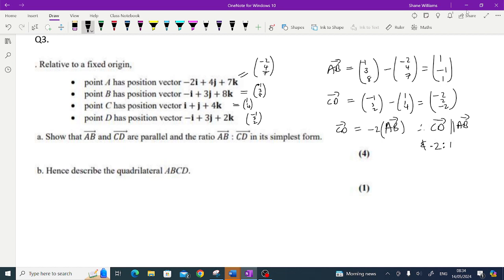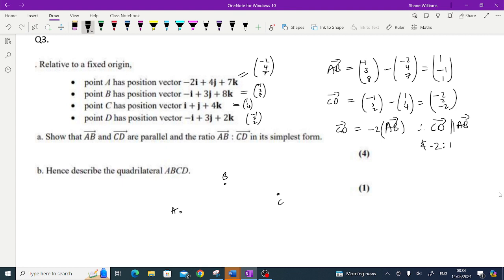Hence describe the quadrilateral. So you've got AB, then you've got CD, but remember CD is longer than AB. So you've got C to D. I haven't left myself enough space really. In fact, I've just put the D in the wrong place, haven't I?